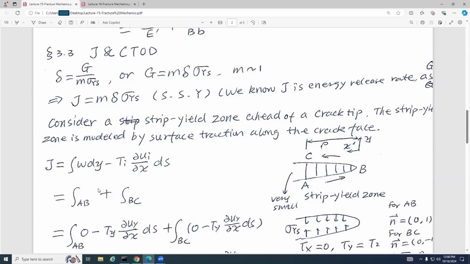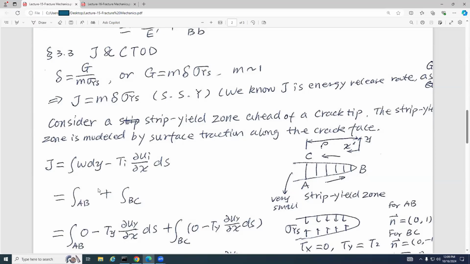yielding. But when we talk about small scale yielding, J, G, and K, all these three guys are valid. However, if the plasticity becomes dominant, K is invalid, G is invalid, but J is still okay. You should know that.